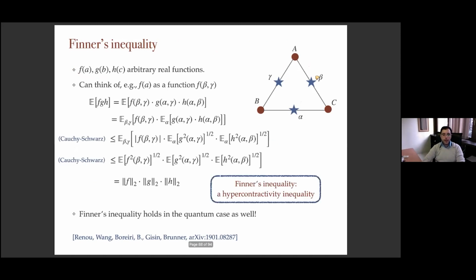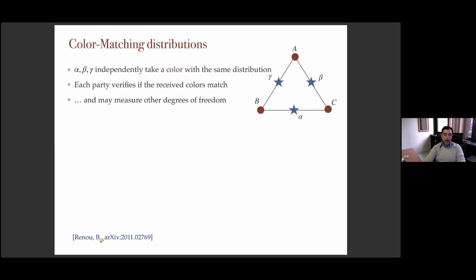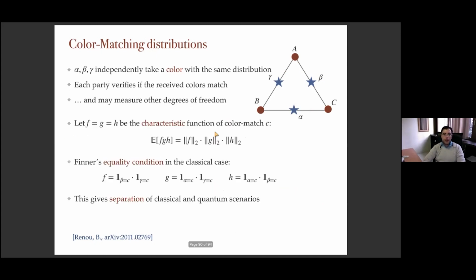The only point that I want to make is that there's some linear inequality that you can apply in these kinds of networks that are related to this hypercontractivity inequality. So let me skip these things, but you can look at this paper, for example, to learn about these linear inequalities in their quantum version, and also this paper for an application of these linear inequalities on non-locality.